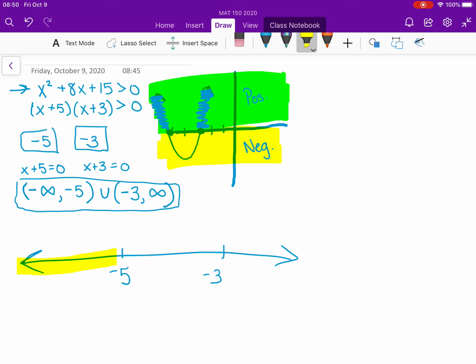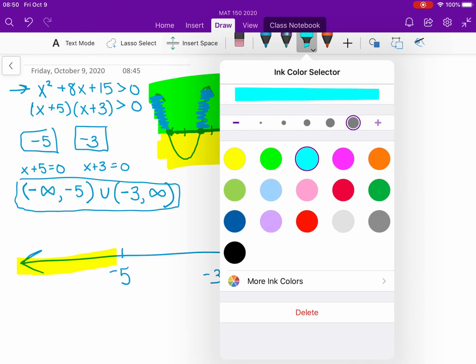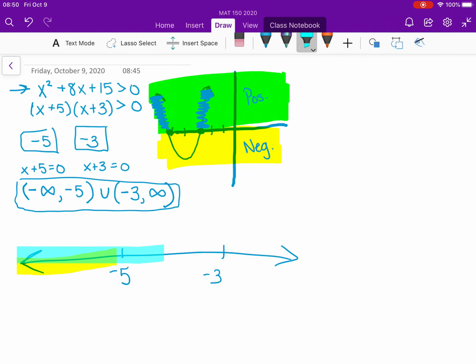So you have an interval here. You have an interval in the middle. And then you have an interval at the end. So there's 3 intervals, and this one's a multiple choice question, I'm looking at number 2 on your homework.